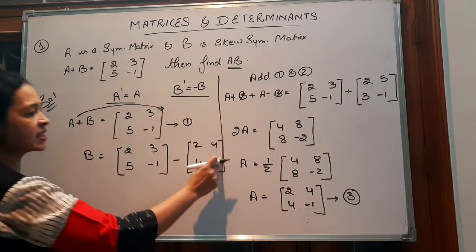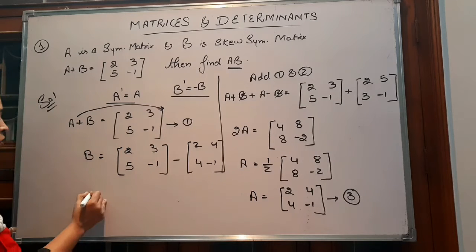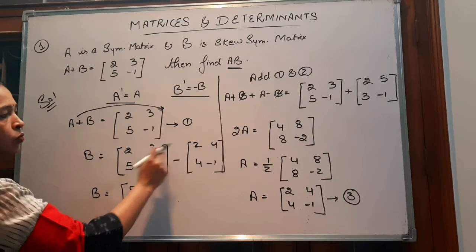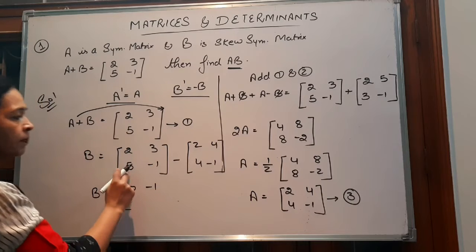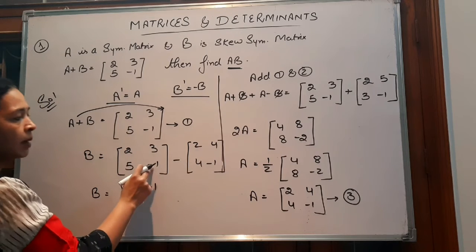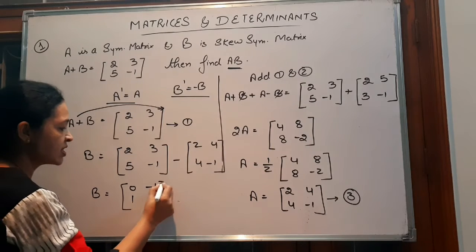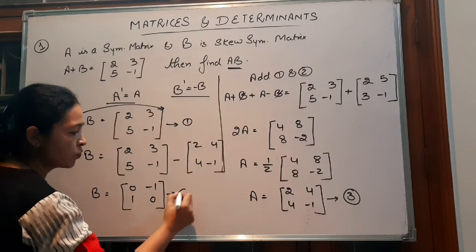For subtraction, we will subtract the corresponding elements. So matrix B will be 2 minus 2, 0. 3 minus 4, minus 1. 5 minus 4, 1. Minus 1 minus minus 1, minus 1 plus 1, 0. This is matrix B. Take it as 4.